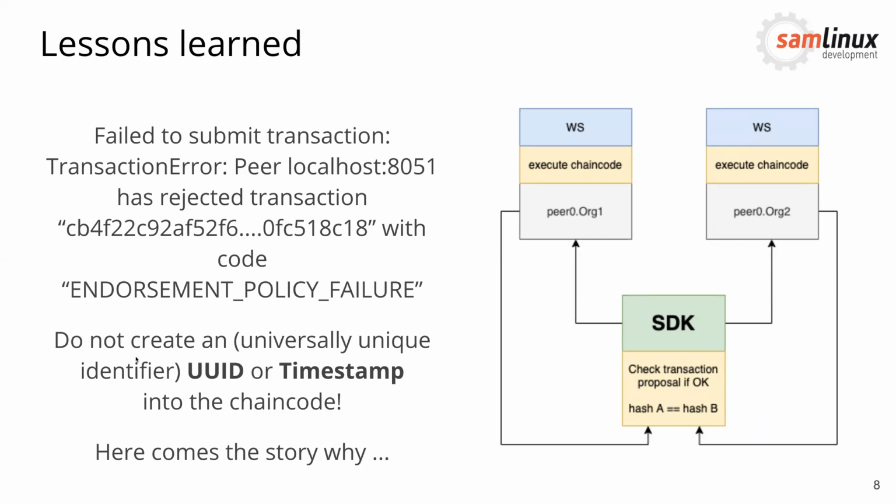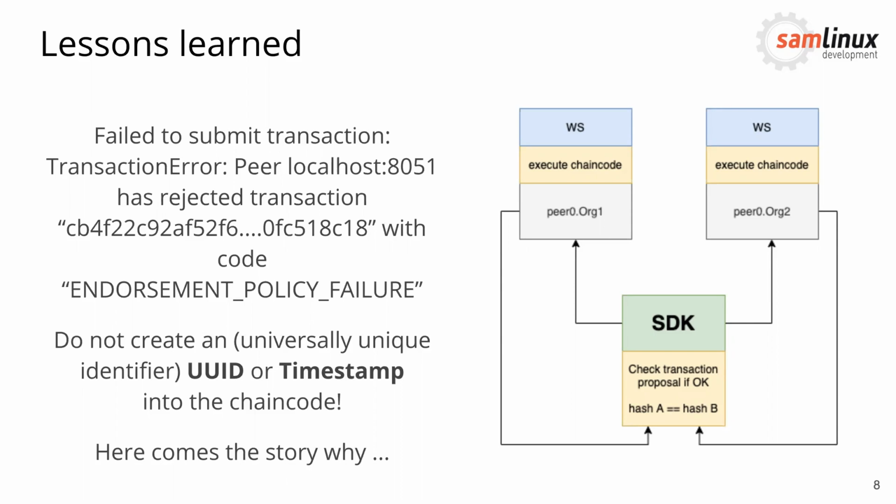The reason is, in my presentation last week, I created the unique identifier ID in the chaincode. And to demonstrate how we can query the timestamp, I also created a timestamp in the chaincode, and I stored this into the blockchain.